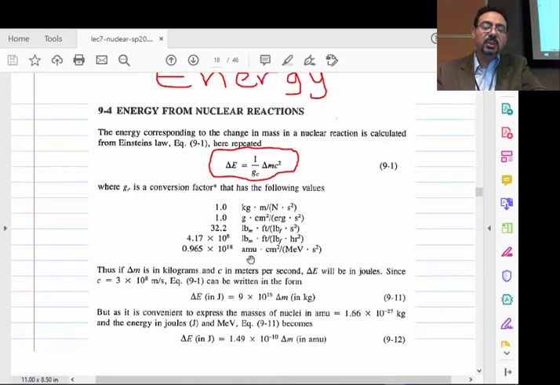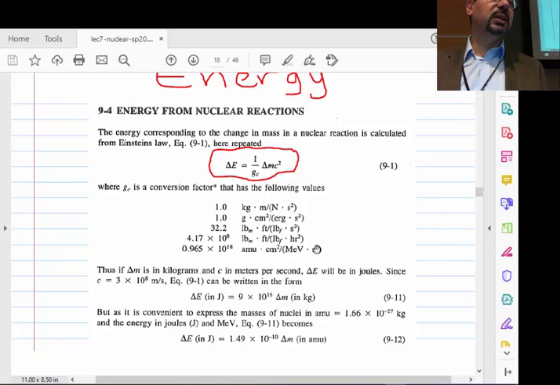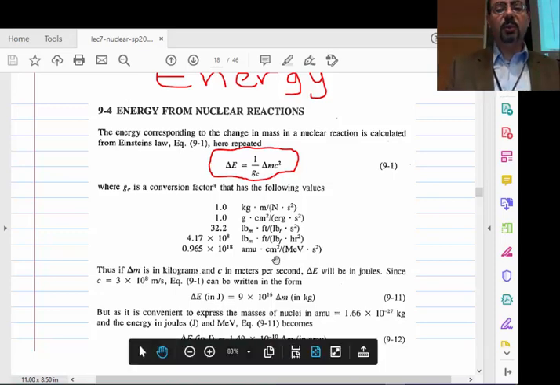It's just that sometimes it's convenient to get the calculation in those units. What units? Atomic mass unit for the mass, and the energy in mega electron volt. So electron volt is like joule, it's an energy unit, and the M makes it mega.